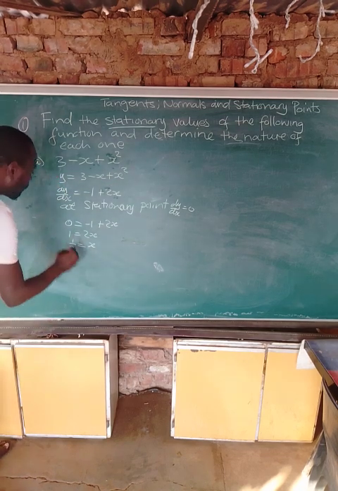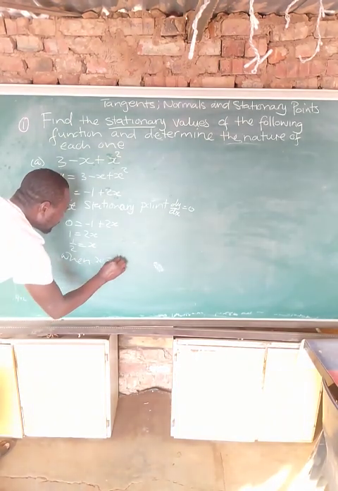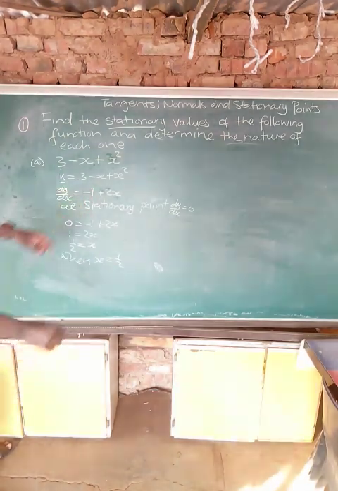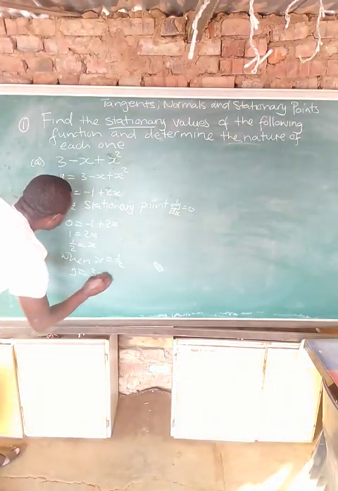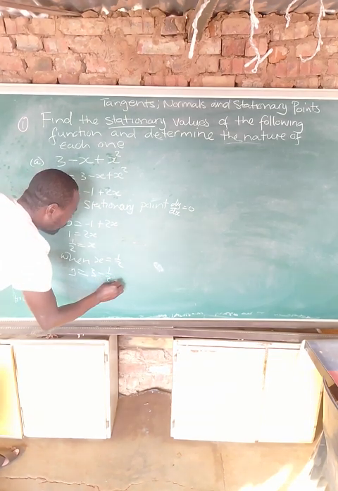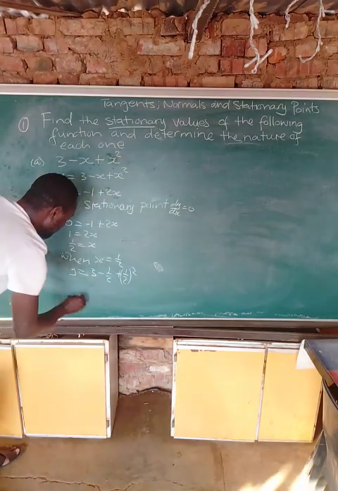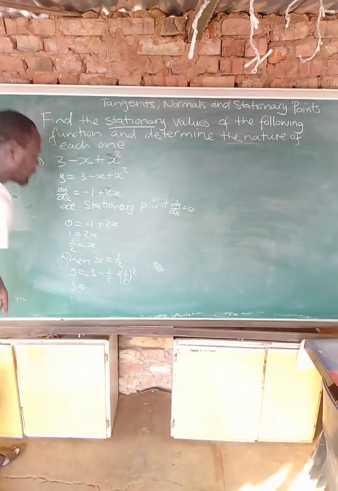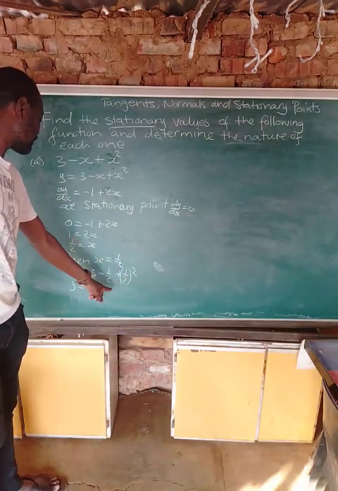So now, when x is equal to half, we substitute: y is equal to 3 minus half plus half squared. Half squared is a quarter.